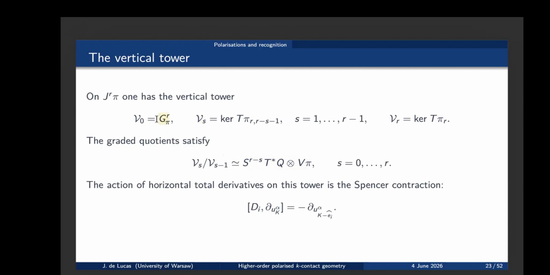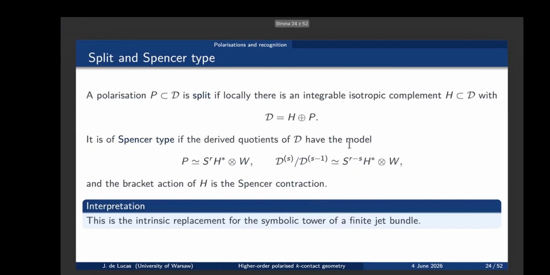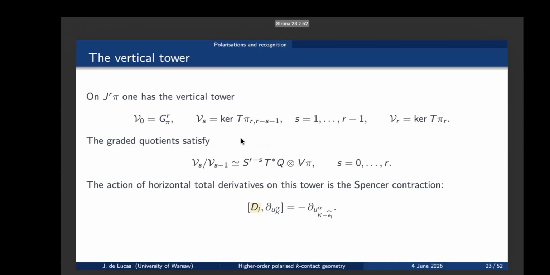Every partial derivative in terms of the coordinates u^α has order R in this case, and when you make the total differential with this, they lower the order. This is important because it is something important in jet bundles.